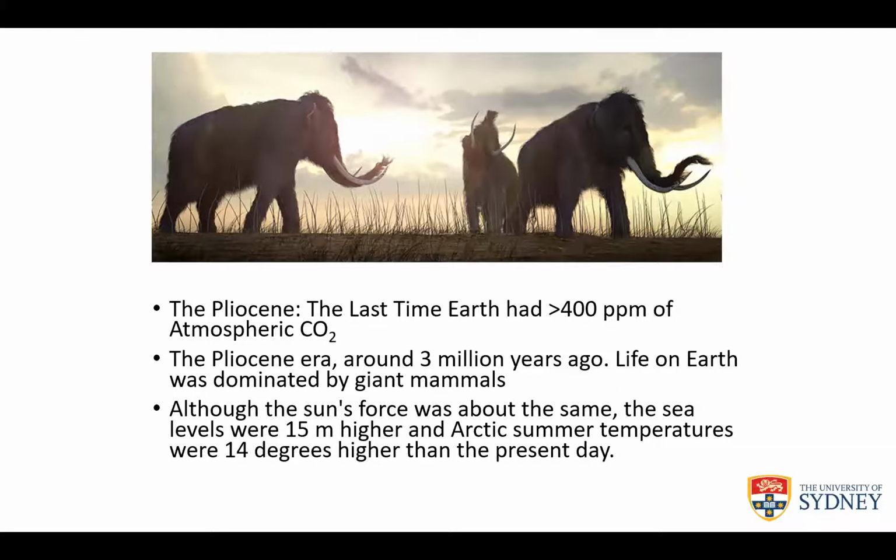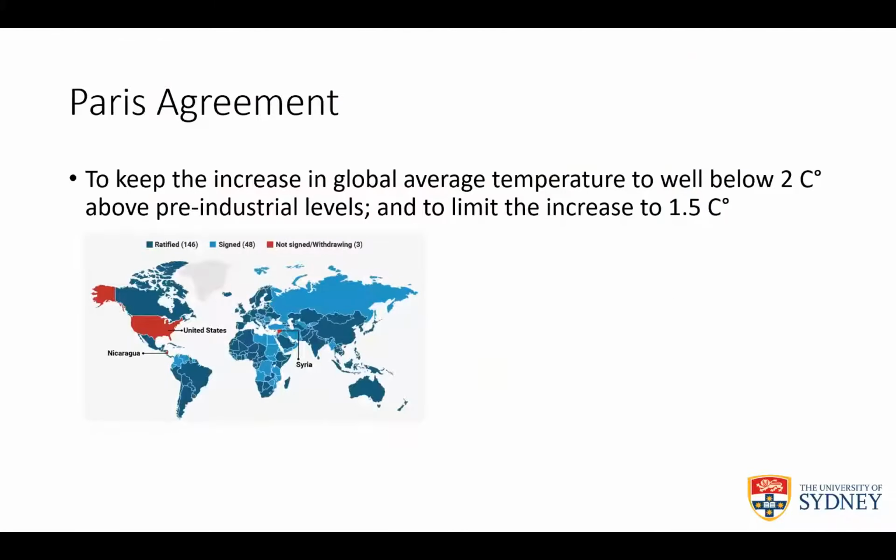That's why people in all the nations agreed to what we call the Paris Agreement. This was during a conference in Paris several years ago. They agreed to keep the increase in global average temperature well below 2 degrees above pre-industrial levels, and to also limit the increase to 1.5 degrees if possible.